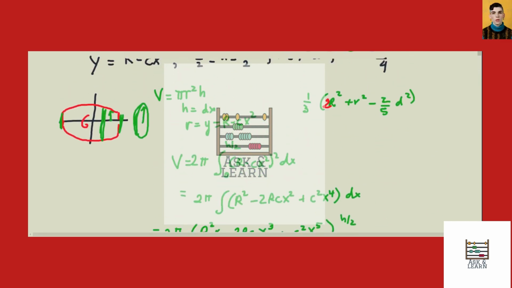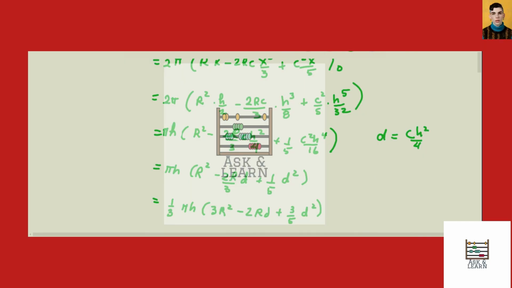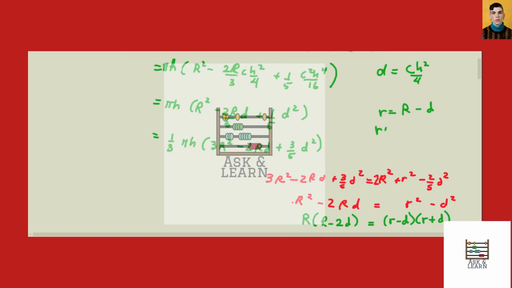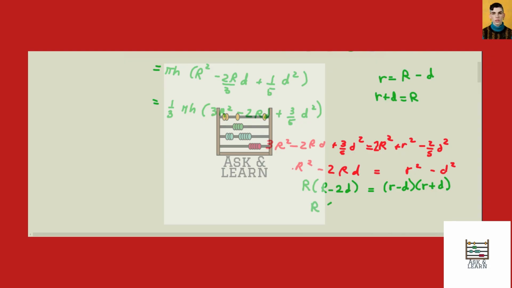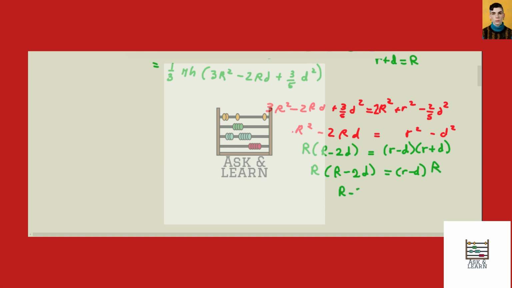Okay, well then I remembered that little r is big R minus D. And so then R plus D is big R. So now I have R minus 2D equals R minus D big R. So I divide both sides by big R. So now I have big R minus 2D equals little r minus D. So I add 2D to both sides and I get big R is r plus D, which is true.